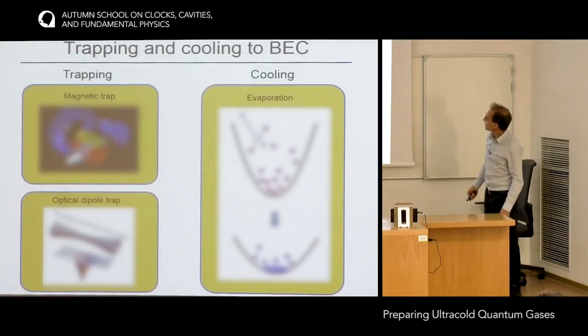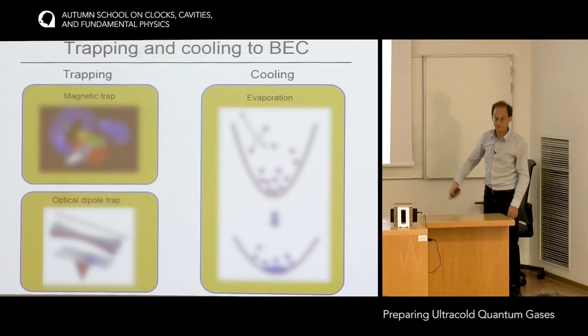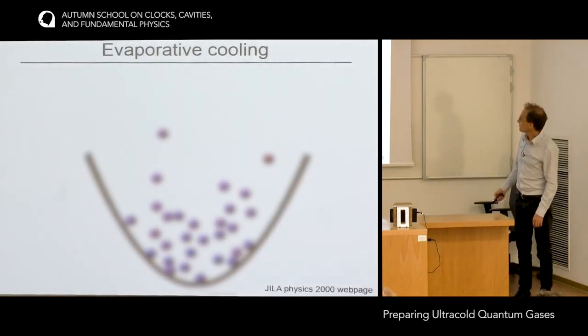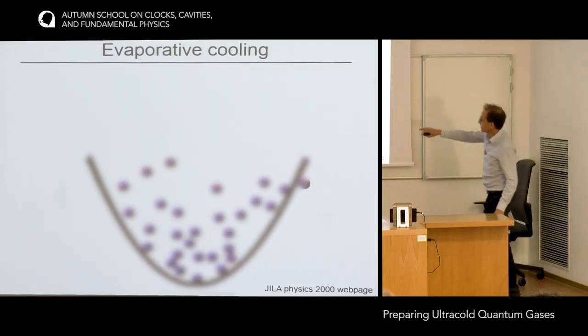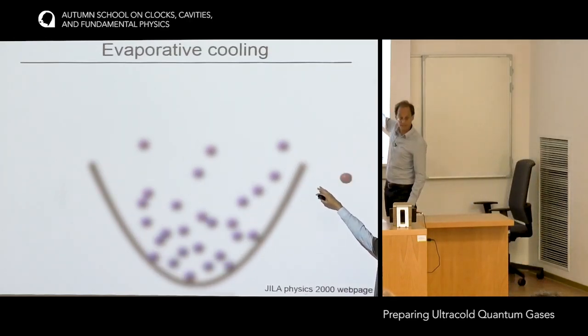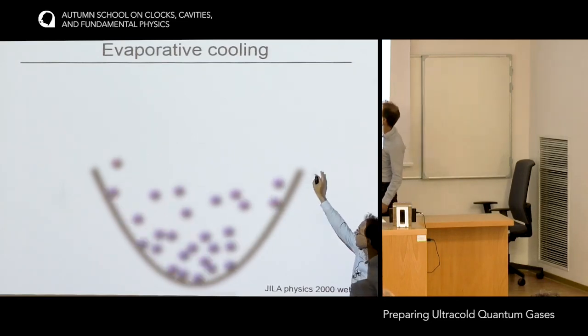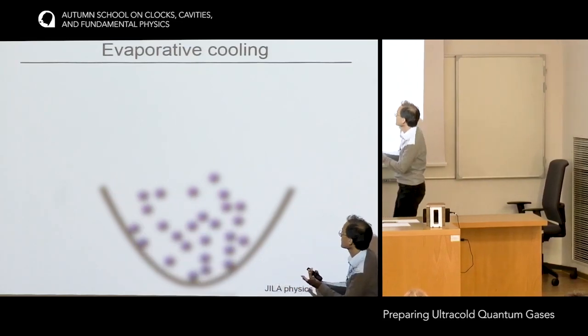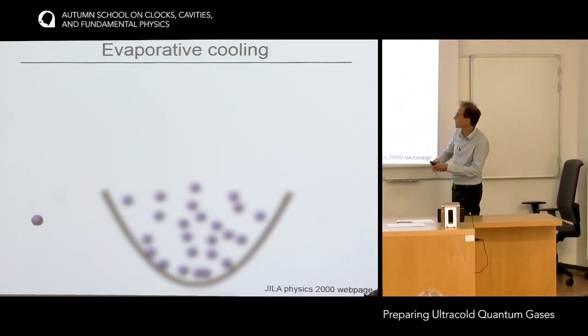Okay, now we perform evaporative cooling. So yeah. So we have our cloud of atoms in the dipole trap. It has a finite trap depth, and the hottest atoms evaporate. The remaining ones perform elastic collisions and rethermalize at a lower temperature, of course.